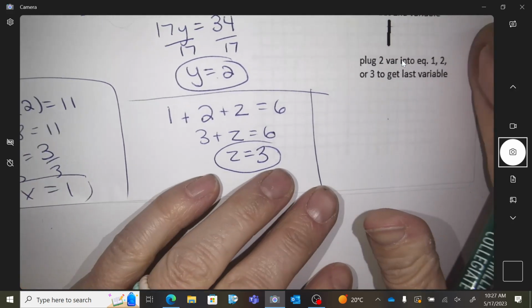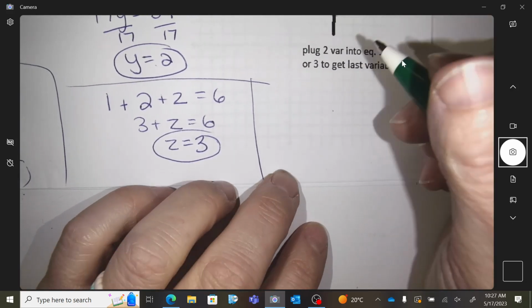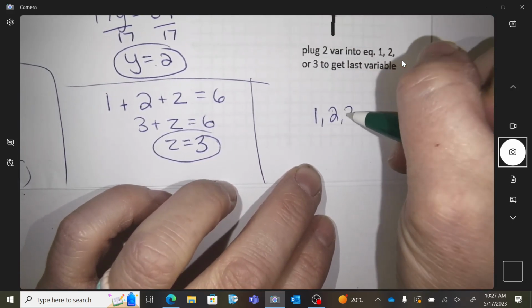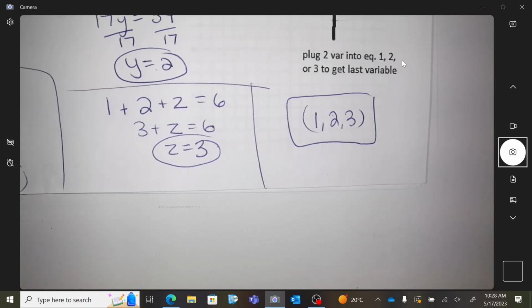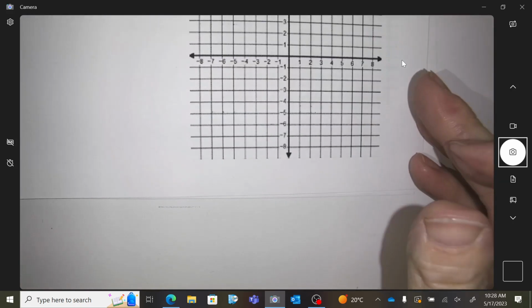So the final answer, writing it as a coordinate, is 1, 2, 3. And that is a math coordinate. Something you've never done before and will never do, but do you know what kind of math coordinate that would be? 3-dimensional. So x goes left and right, y goes up and down, and the z-axis comes in and out of your paper. Okay, let's do one more.